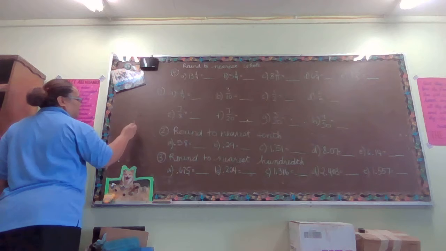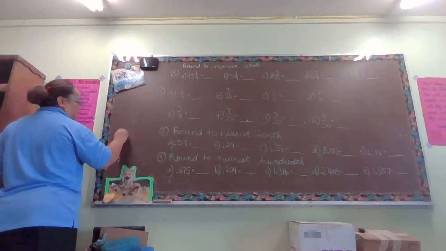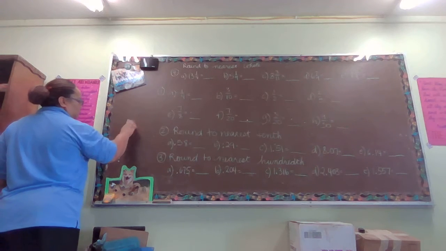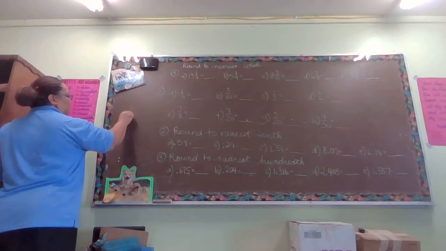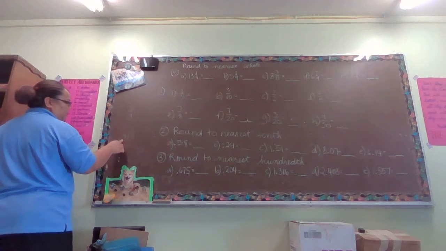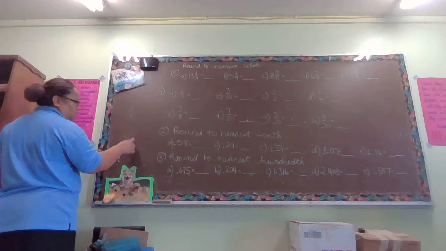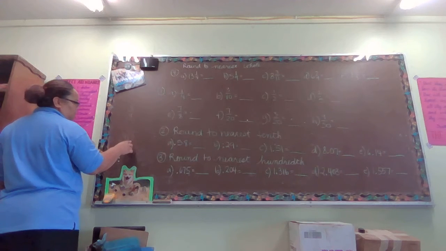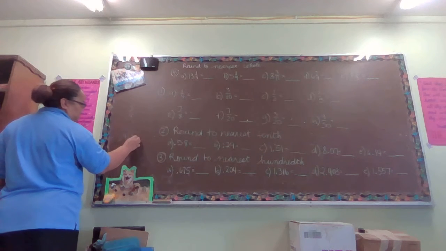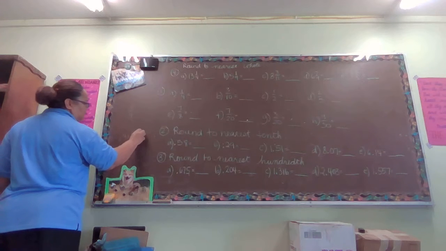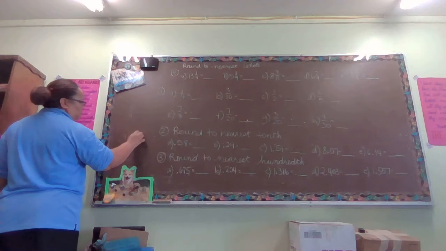So 3/4, divide 3 by 4. So divide the numerator by the denominator. Numerator goes inside. How many 4s in 3? Nothing. So you gotta put a decimal down here and up here. Add a 0.